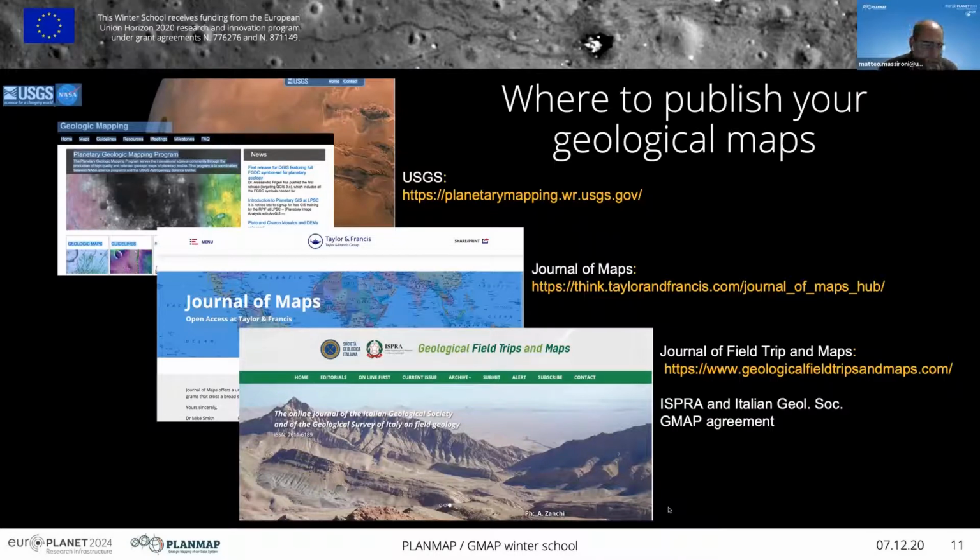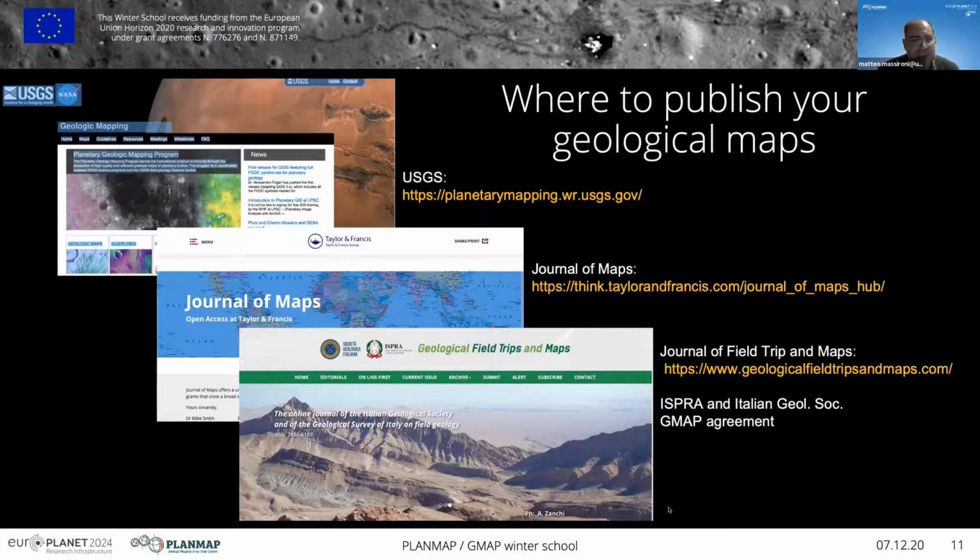So even political maps, social maps, it's not strictly dedicated to geology. The journal Field Trip and Maps is strictly dedicated to geology, and it's published by the Italian Geological Society and the Italian Geological Survey. And we, as GMAP, have an agreement with this publication.